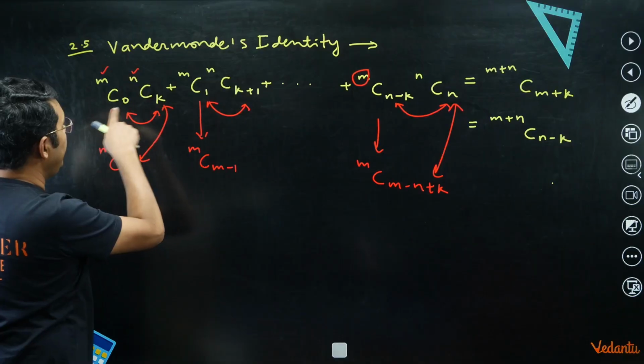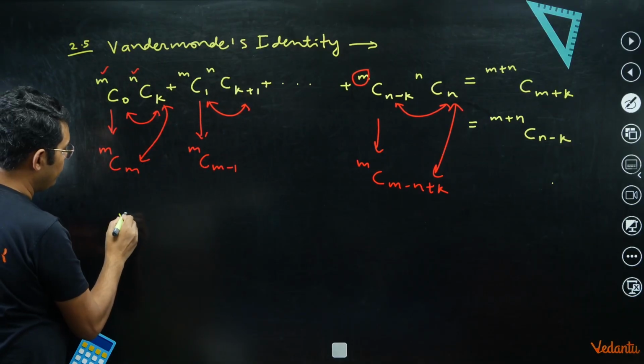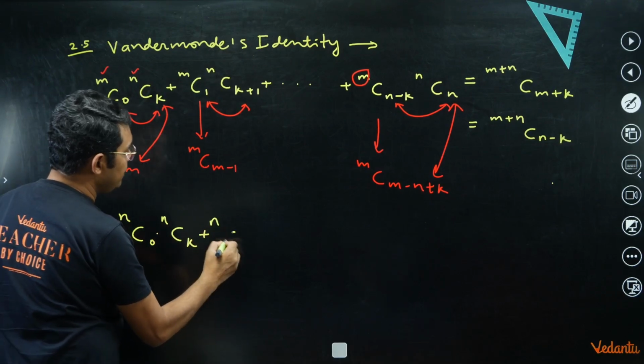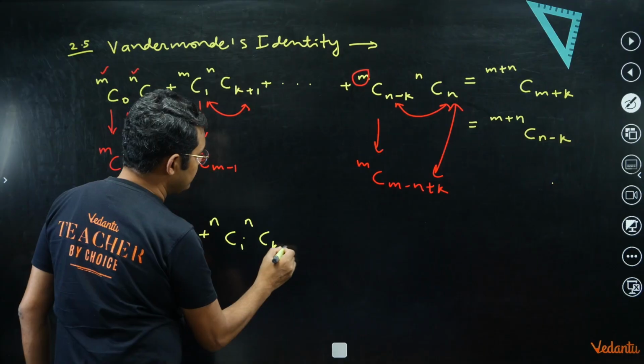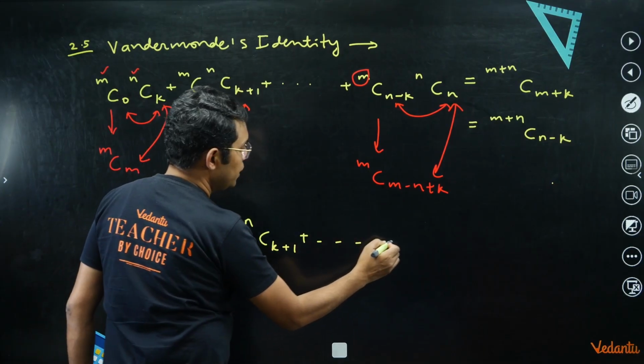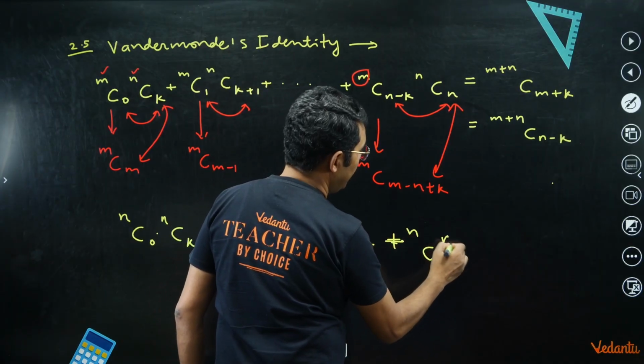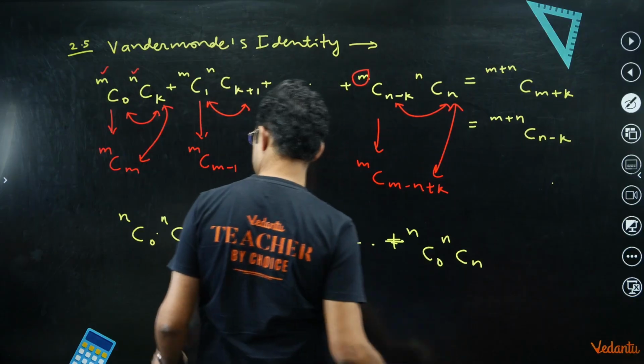Suppose I write both m and n the same, so it is nC0 into nCk plus nC1 into nC(k plus 1) and so on. If you keep writing like this, the last term will be nC(n minus k) into nCn.